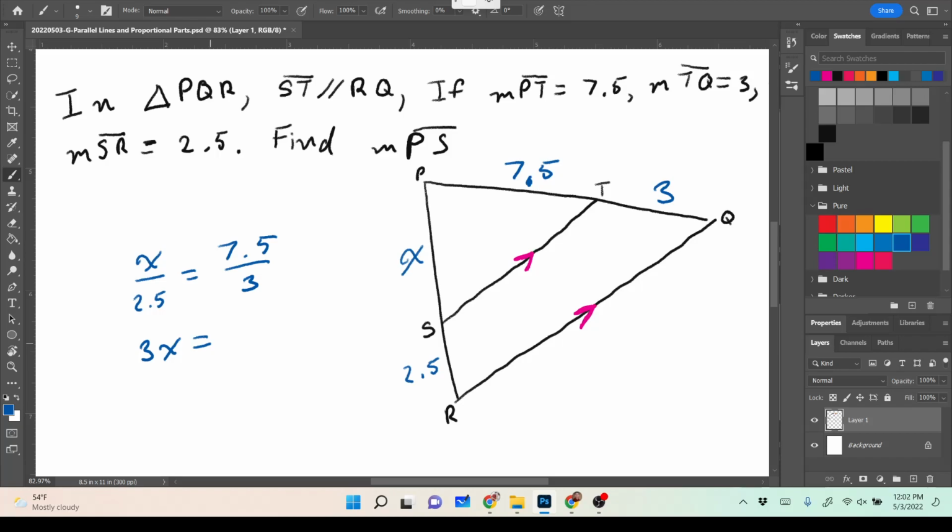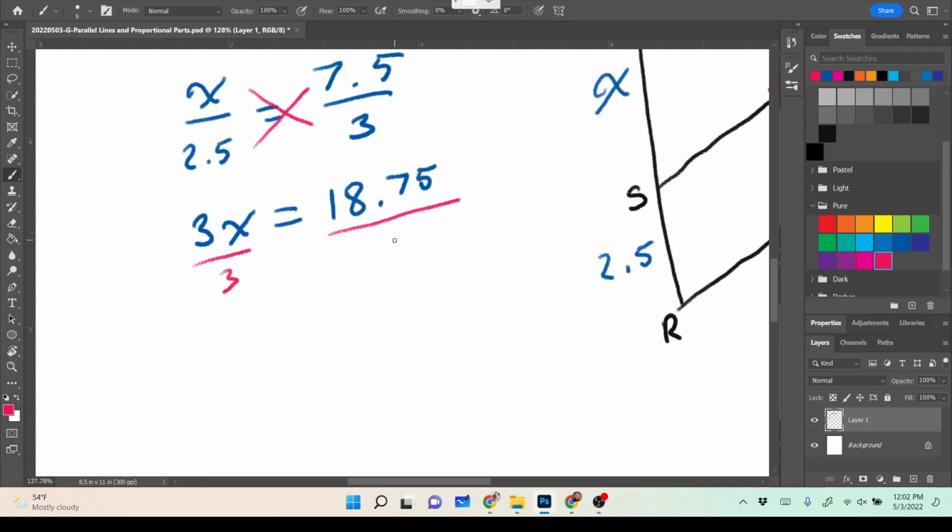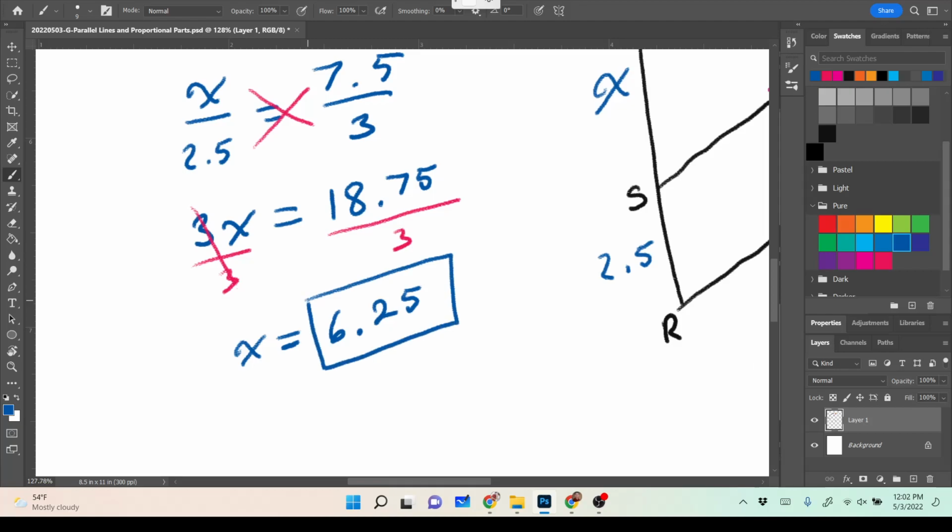So close, but no. Y'all have calculators. 18.75. What are we going to do now? Divide by 3. So x equals what?